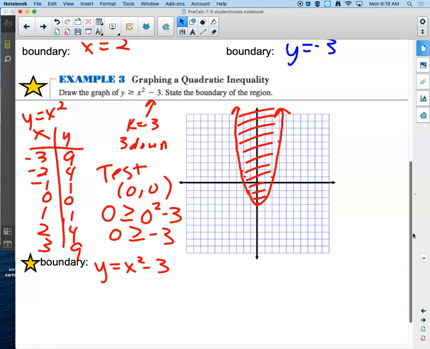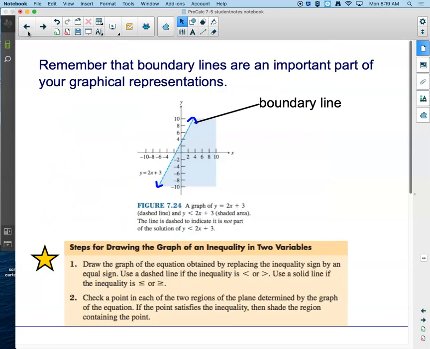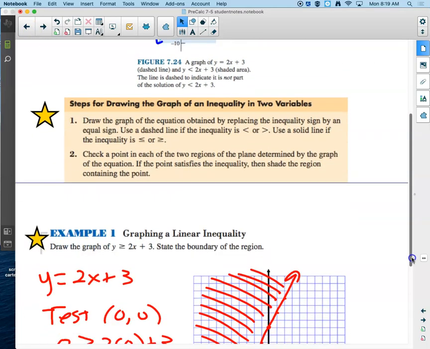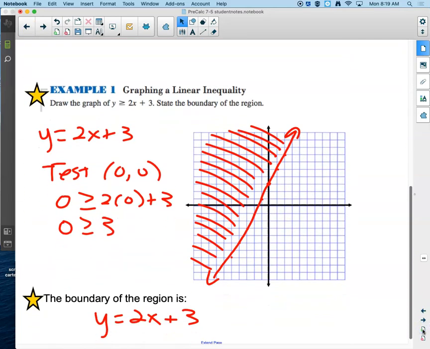Now, we did learn a shortcut, and we don't technically like to use shortcuts a whole lot when graphing, but we did learn that when we have this in slope-intercept form, if it is greater than or equal to, you shade above the line. And if it's less than or equal to or less than, then you shade below the line.